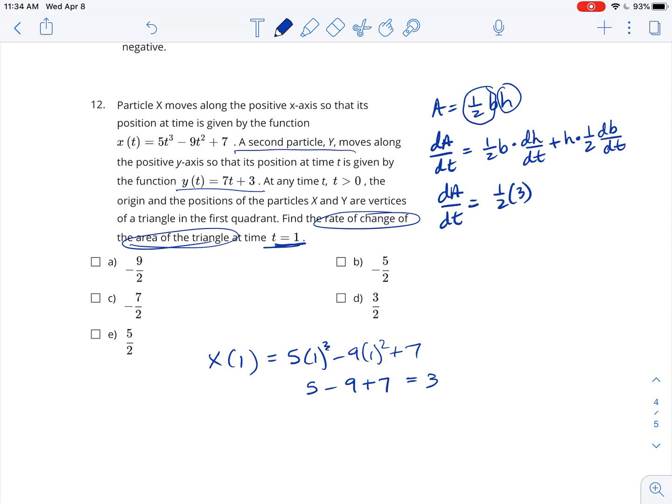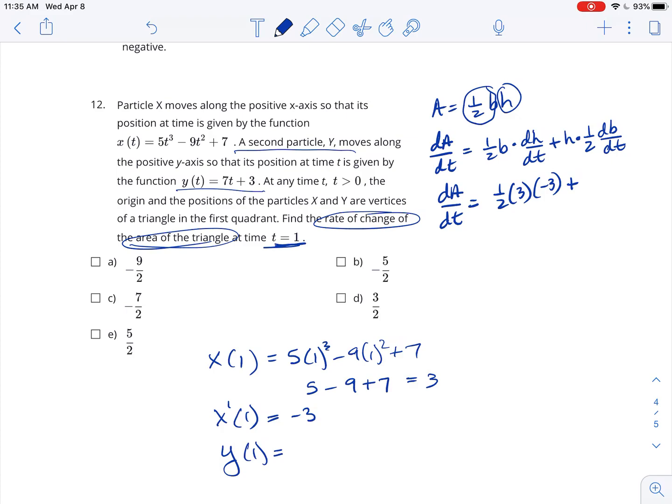And the rate of change of x at 1, let's see. Yep, so the rate of change, well, that is x prime at 1. I thought we had that, maybe not. Yeah, x prime of 1 is -3. I think we figured that out in the previous problem.